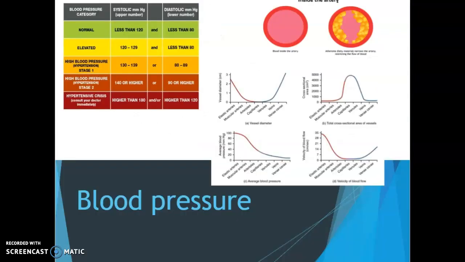In the body, the arteries will carry the blood away from the heart. As the blood travels through the arteries, it is pressed against the walls of the arteries. Blood pressure measures how hard the blood is pushing against the walls of the arteries when blood is being pumped through the body.